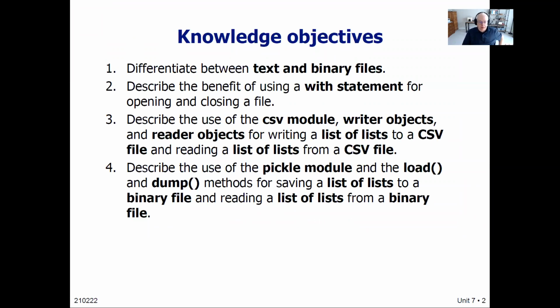And those formats may be TXT files, HTML files, JSON files, XML files, image files, executable files, on and on and on. So all different types of files and formats of files, but they're going to fall within text or binary. And we're going to learn how to read and write to those types of files today.